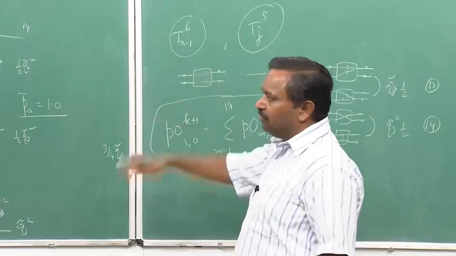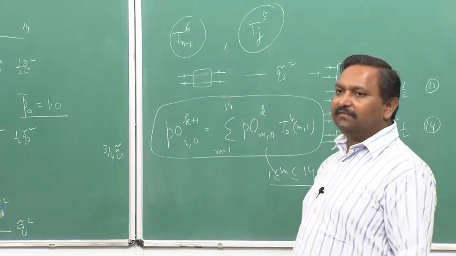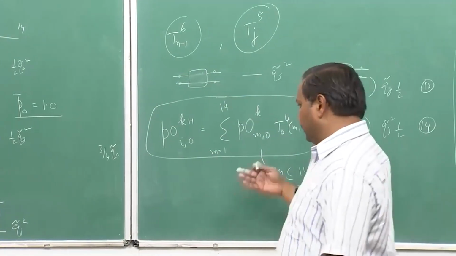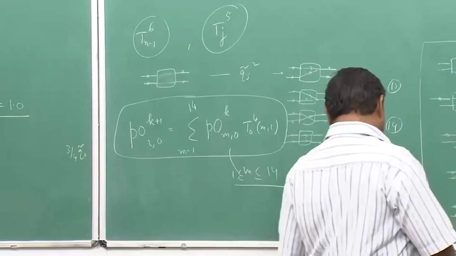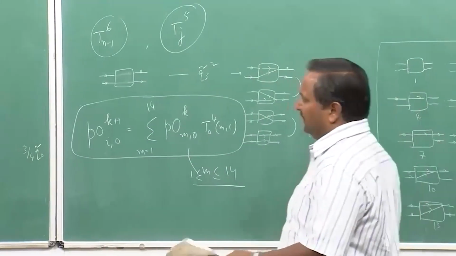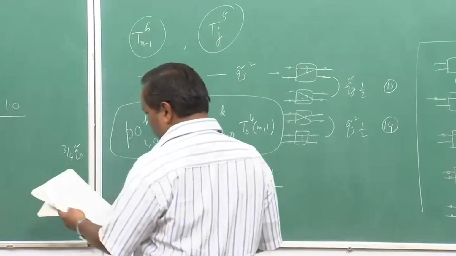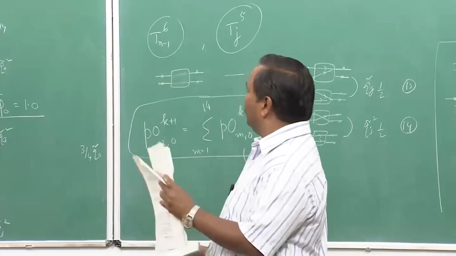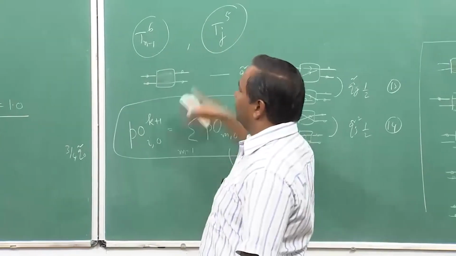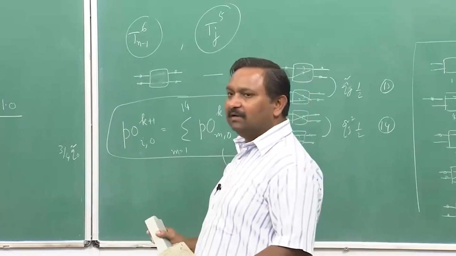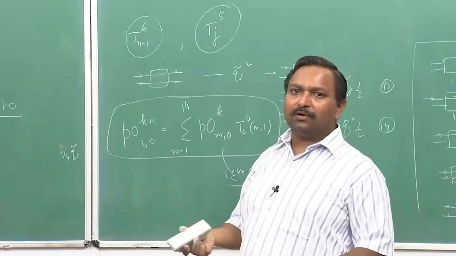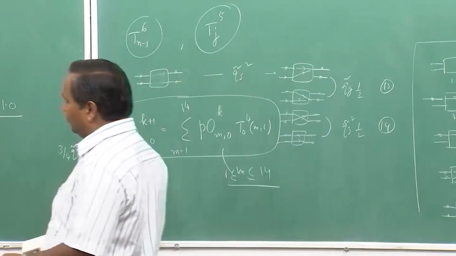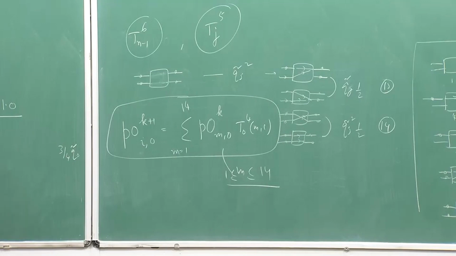So, I am not writing down those detailed values. So, I am giving a reference and the URL from where you can download those two matrices. In fact, you can derive on your own. So, what I will do is I will derive only certain cases for Tn minus 1 6 and Tj 5. So, you understand the principle. Remaining thing either you can download or you can build up a matrix on your own. So, want to build up for example Tn minus 1 6, then what is going to happen? Let us see.